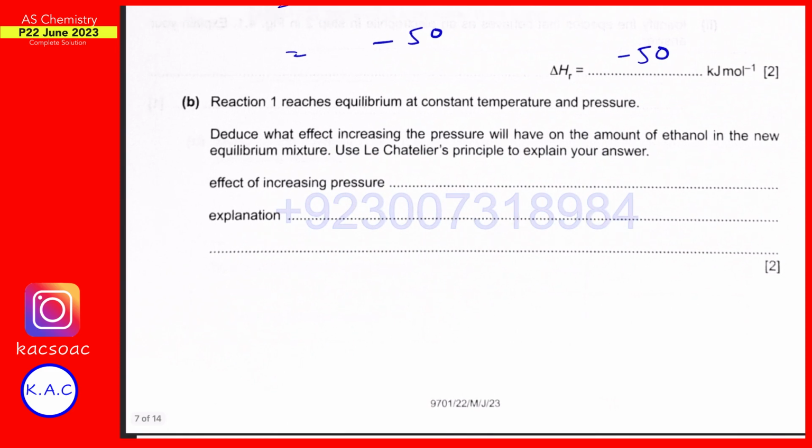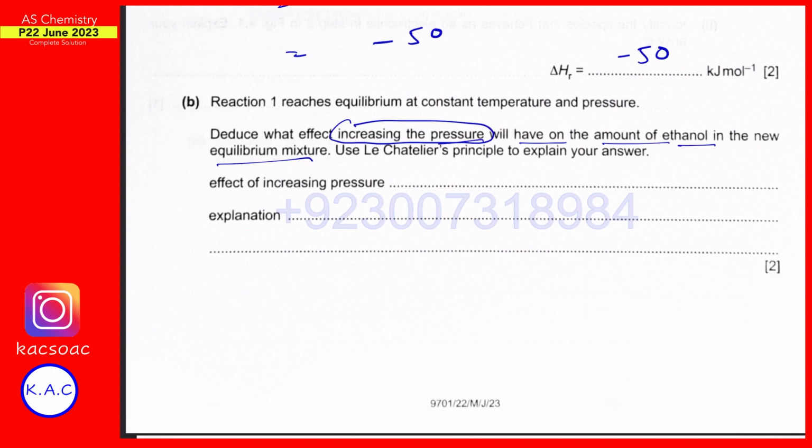Reaction 1 reaches equilibrium at constant temperature and pressure. Deduce what effect increasing the pressure will have on the amount of ethanol in new equilibrium mixture. Use Le Chatelier principle to explain your answer. So at that time, we are going to increase the pressure.